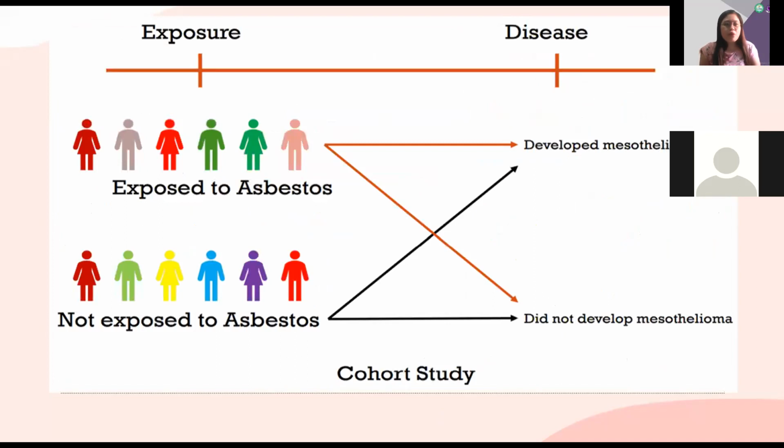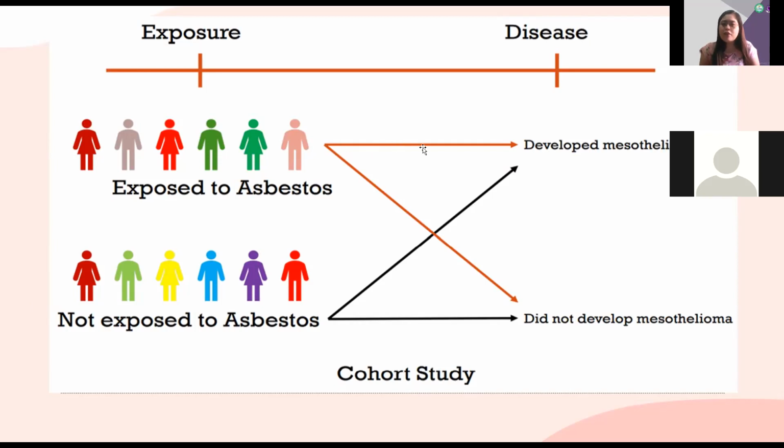So let me give you a specific example for the cohort study. So you have here the exposure, kasi dira man ta nag-start sa factor. Exposed to asbestos, and then you have here another group na wala na exposed to asbestos. So this is a chemical substance. And then after that, kung prospective cohort ni, so present time ni siya.